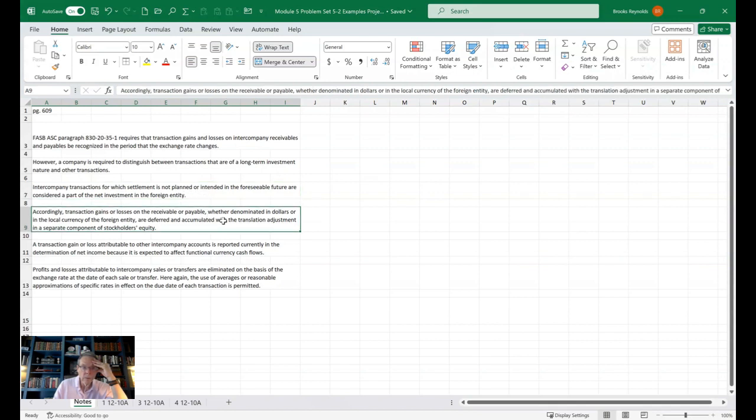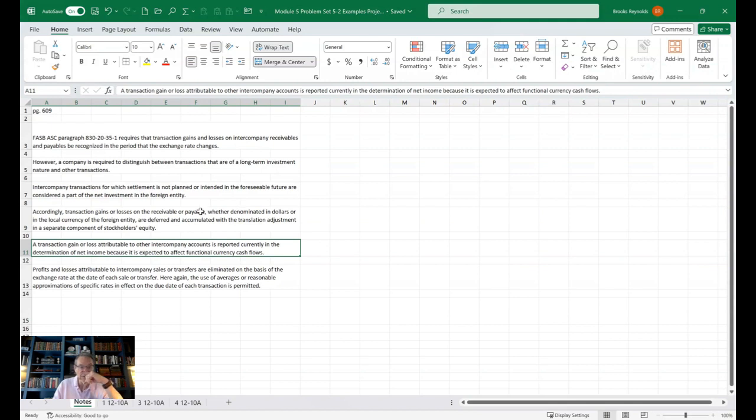So accordingly, those gains or losses, whether denominated in dollars or in local currency, are deferred and accumulated with the translation adjustment in a separate component of stockholders' equity. However, a transaction gain or loss attributed to other intercompany accounts is reported currently in the determination of net income because it is expected to affect functional currency cash flows.